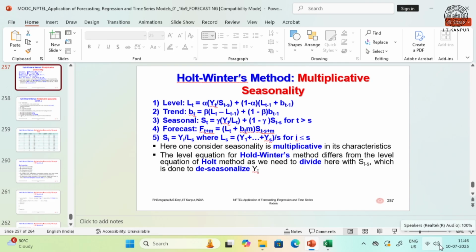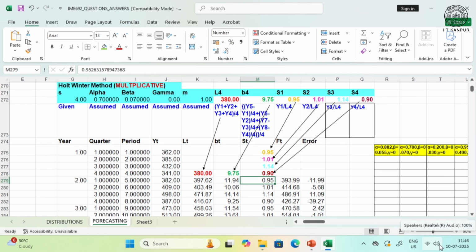Finally, the seasonal factor would be gamma. I am taking a few minutes more for this, please wait.